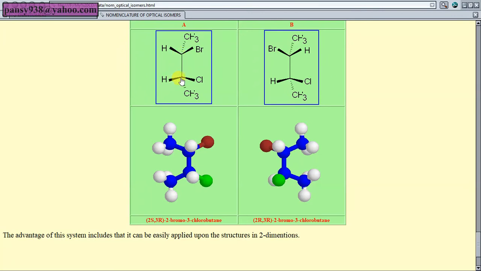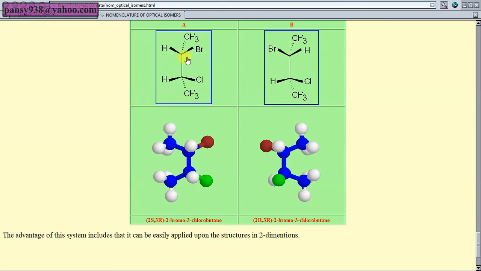So there are two symbols, S and R, and R and R, for these two chiral centers.